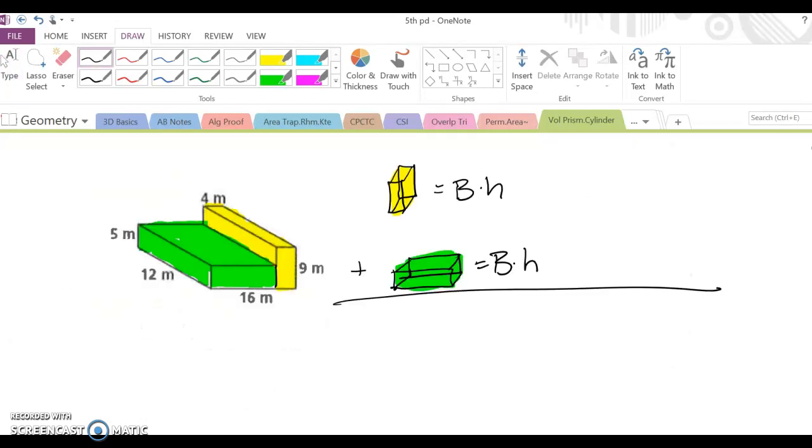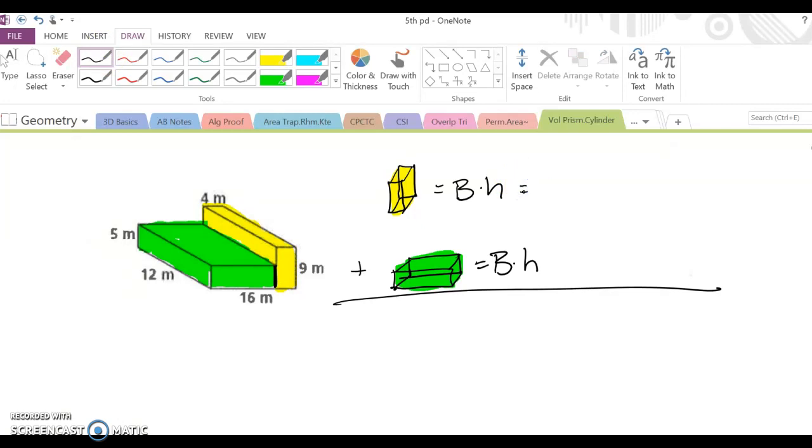Okay, so there were a couple of different ways to work this problem. I drew in my vertical line right here to split that yellow prism and the green prism. If you could have drawn a line right here, that would have also gotten you the same result. Your work will just look a little different. So let's start with the yellow one.